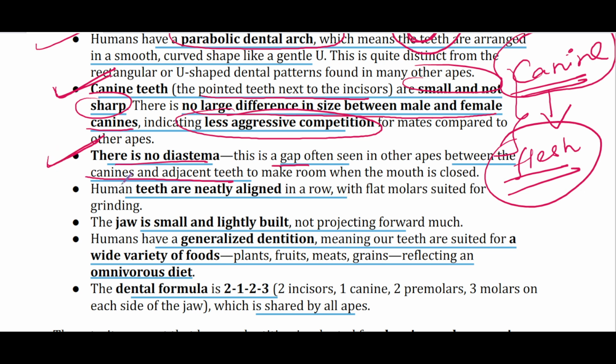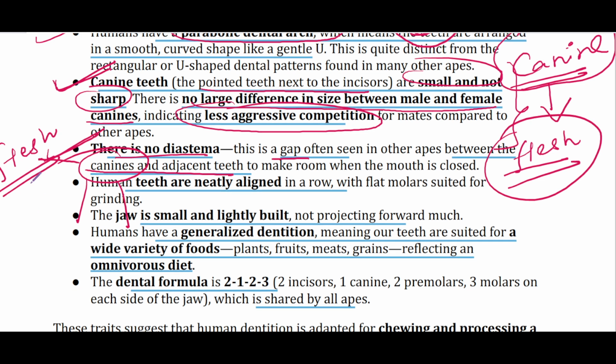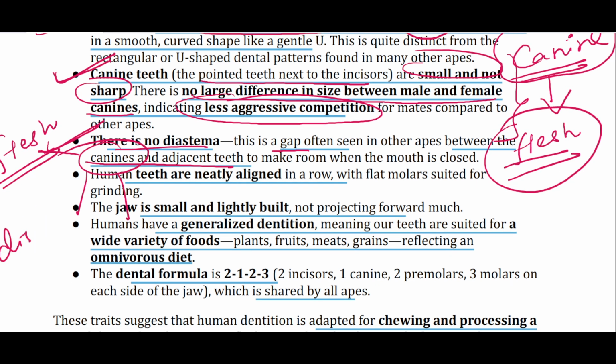So if canines are larger, क्योंकि again canine serves two purposes. We can say three purposes. The first purpose is tearing flesh. Then it is used in displays. जब भी मेल मेल कंपटीशन होता है उसमें डिस्प्ले में. And third, it is the mate competition.